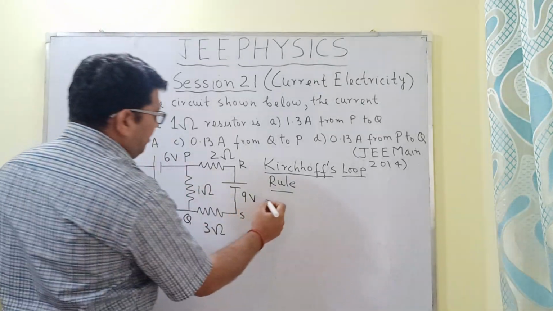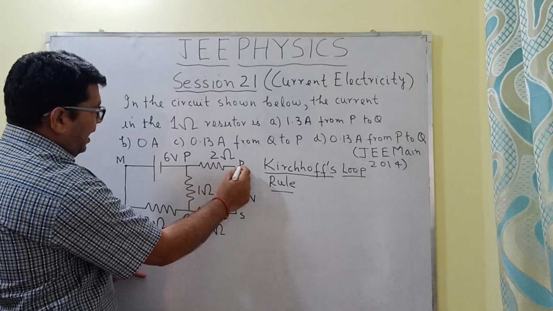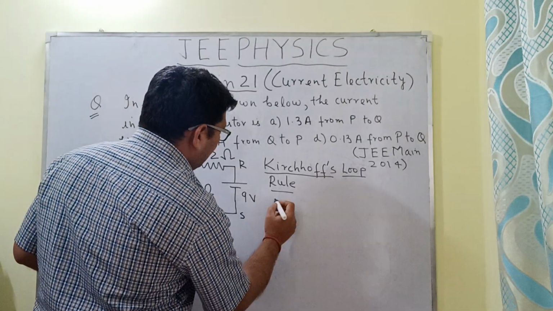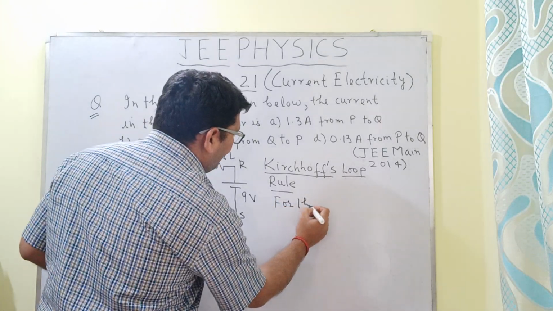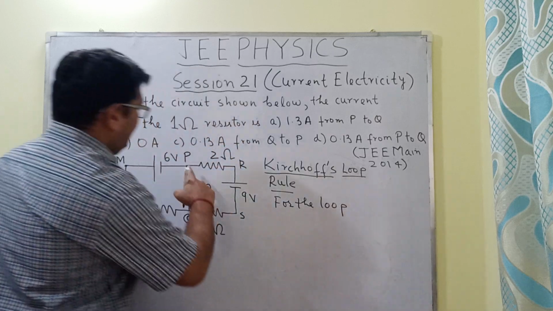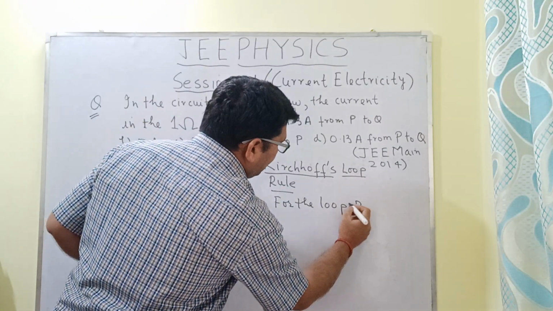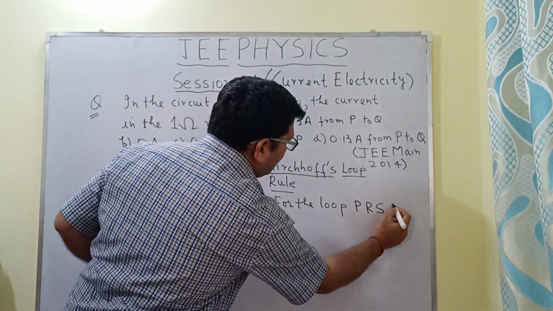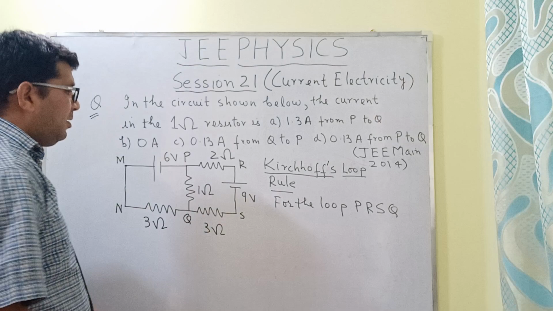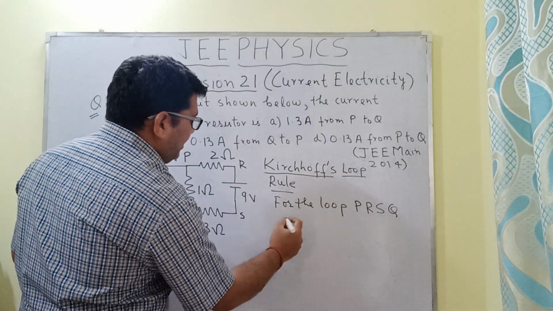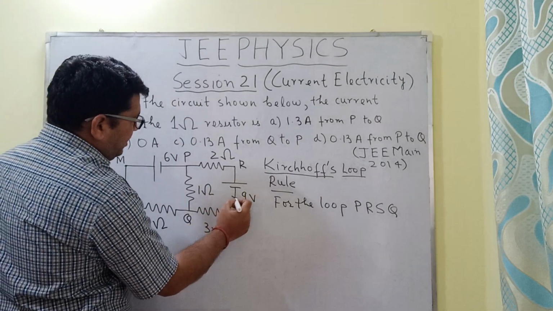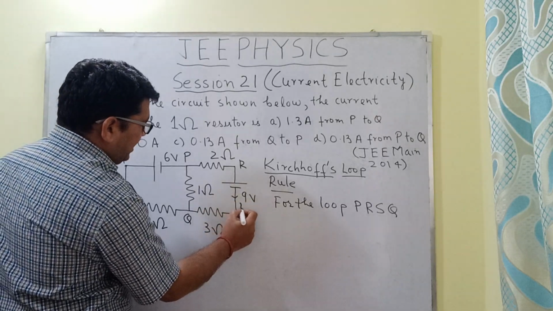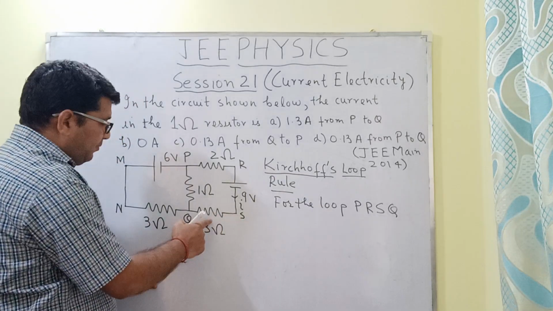First, I will be taking the loop PRSQ. I am taking this loop in the first case, and for this loop, let us say the current which is flowing through this EMF source is I. The same current will be flowing through this resistance also.